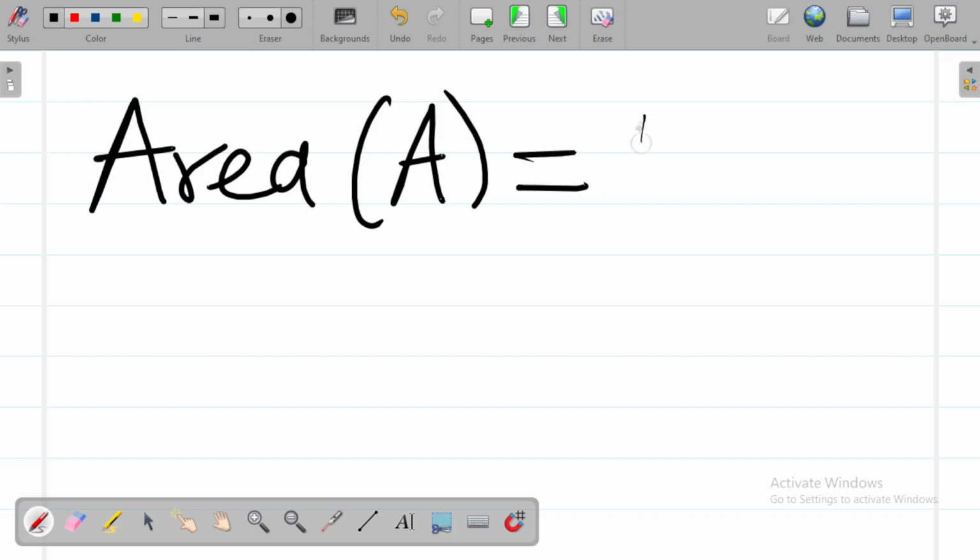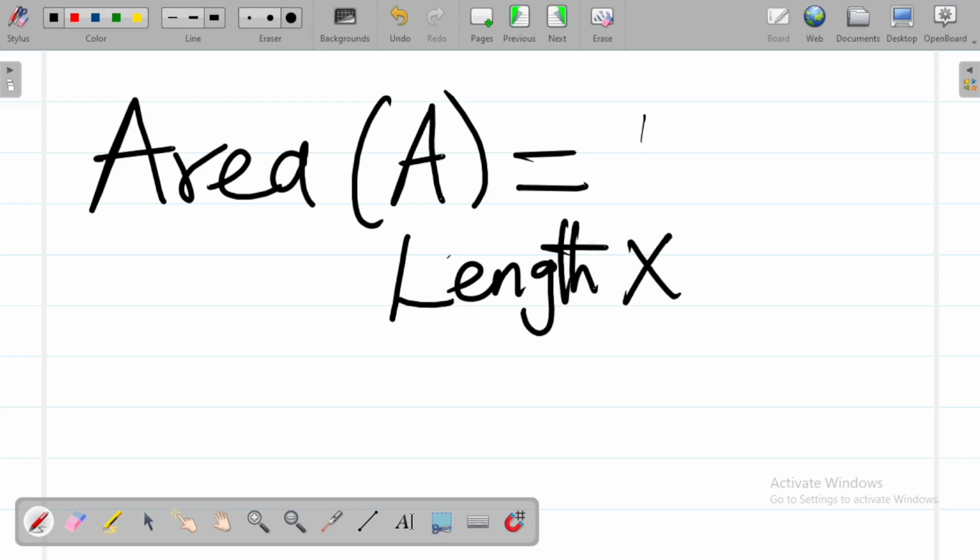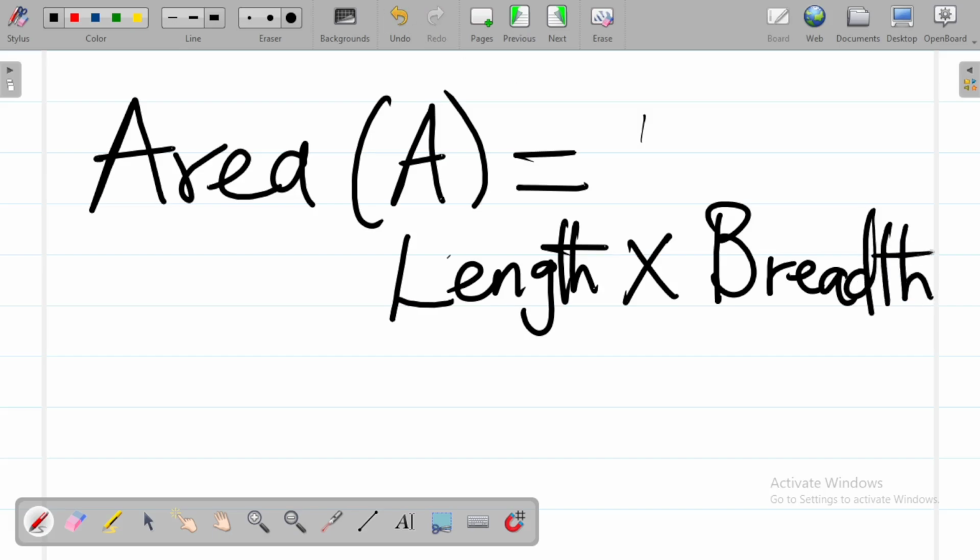So area is equal to length times breadth.